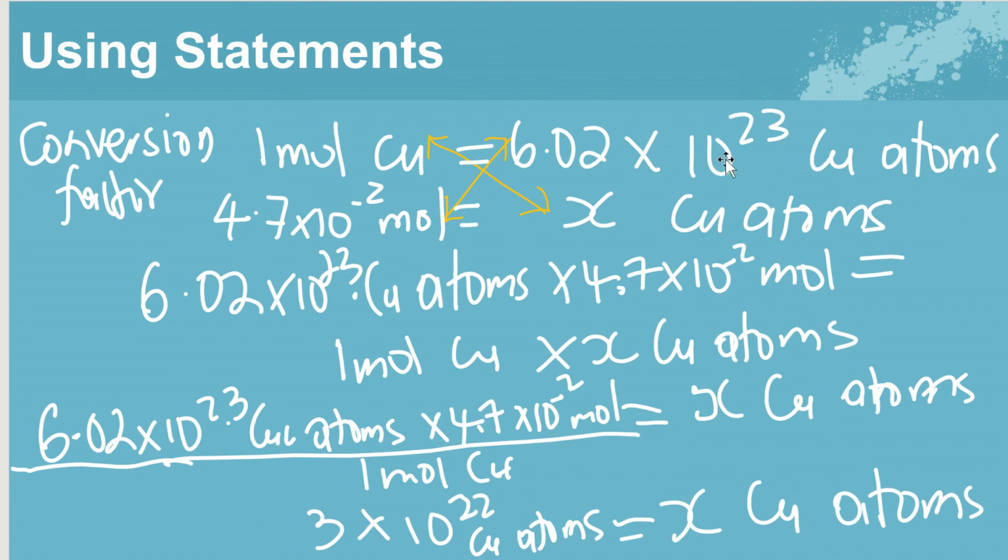So the 1 mole of copper is equal to the 63.5 grams that we saw earlier, but it's also equal to Avogadro's number of atoms. So note our units. This is atoms. And in a similar fashion, we do our cross multiplication and we make X the subject of the formula as we see here, do our multiplications and division, and we end up with 3 times 10 to the 22 copper atoms.